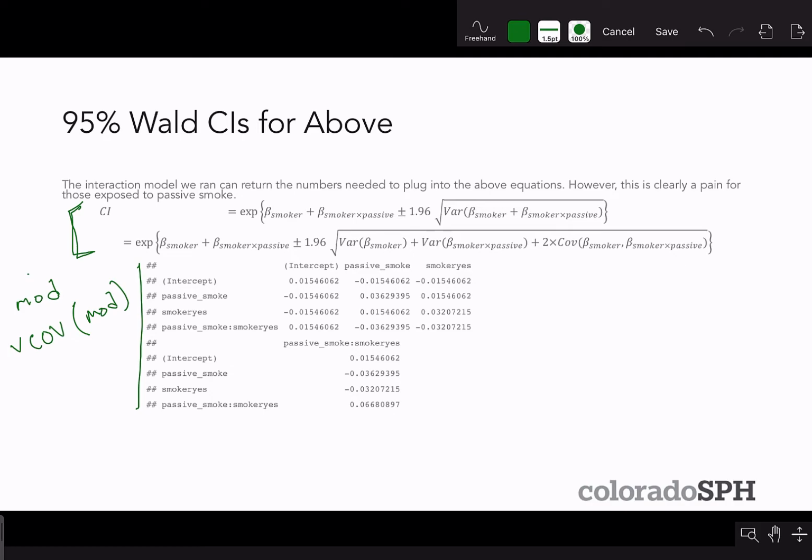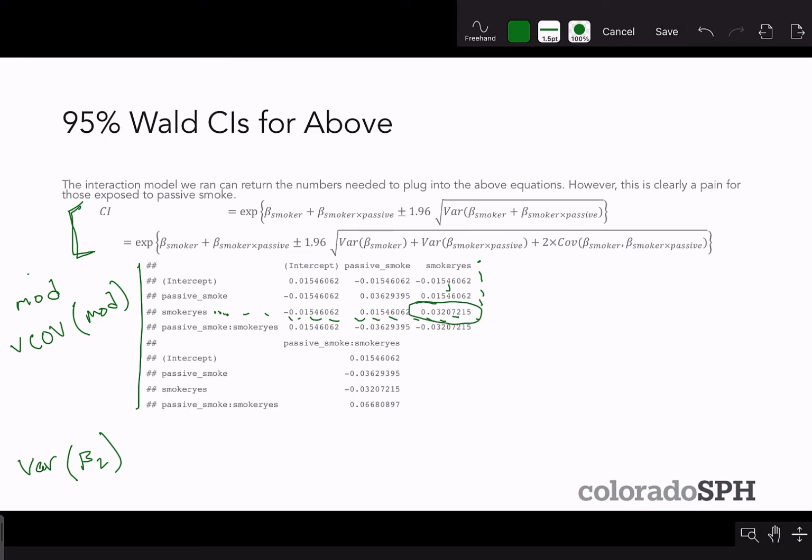So the first thing that we need is the variance of beta smoker, or I'm going to call it beta 2. And that is found on the diagonal of smoker. So that is right here.